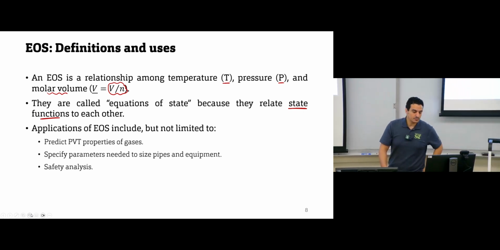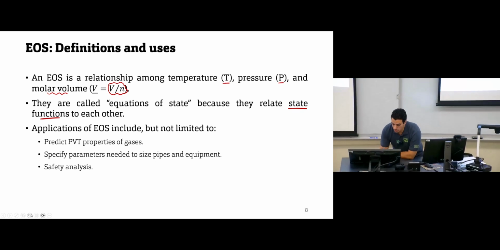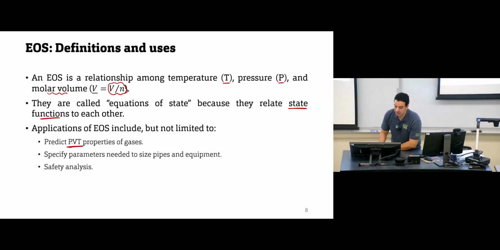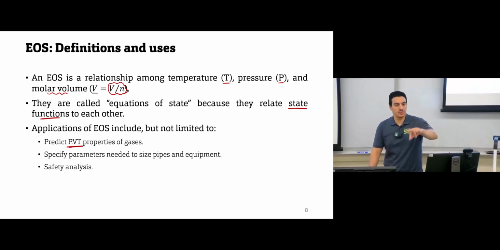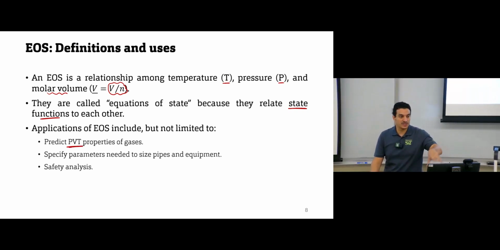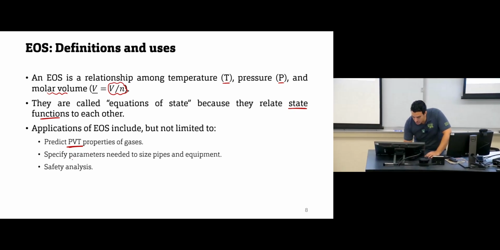Okay. So what are the uses of equations of state? One use is to predict PVT properties of gases. If you have two properties, you can use it to find the other one, since it relates these three properties together. We can also use the equation of state to find the parameters that we need to size any pipe or any equipment.